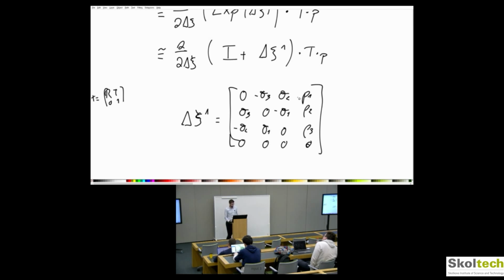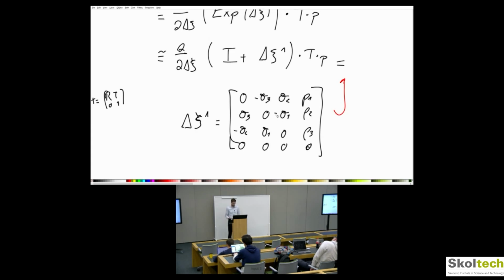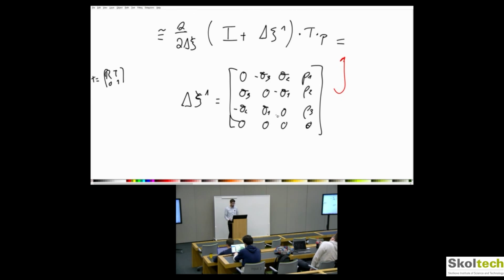Okay, so we have this, and if you substitute this here, then we are just going to apply differentiation rules. In this case, it's going to be for each component of this 6-dimensional variable. Remember that this is delta psi 1.